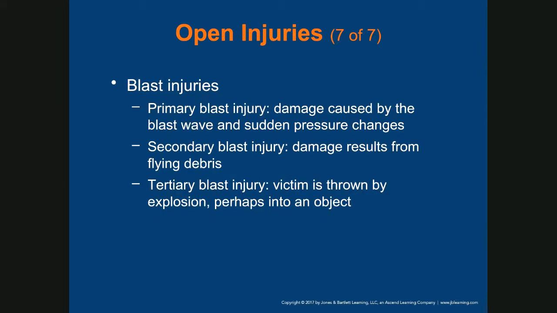Then you have your blast injuries. Primary blast injury is from the pressure wave. Secondary blast injuries are from the shrapnel that is released by the explosion. And tertiary is when the patient is thrown against an object.